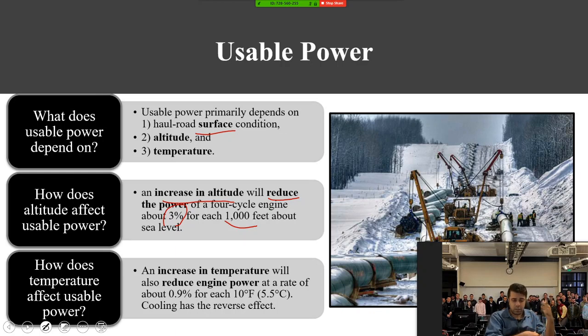So it is now 20 degrees more, so you lose 2 times 0.9%, or 1.8%, reduction in the usable power your engine can generate. And those two could be combined. You could be working in high altitude and high temperature. Then you should consider the reductions separately.